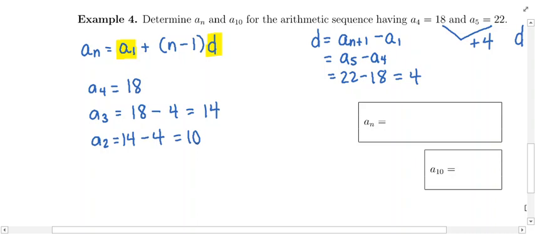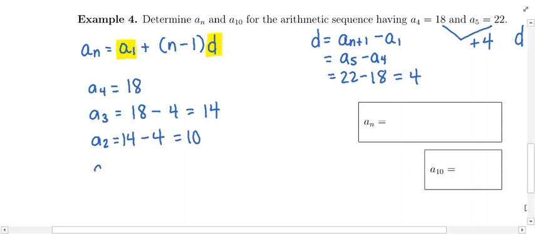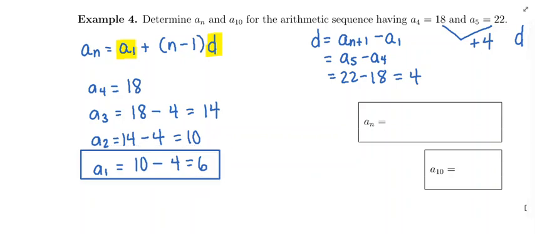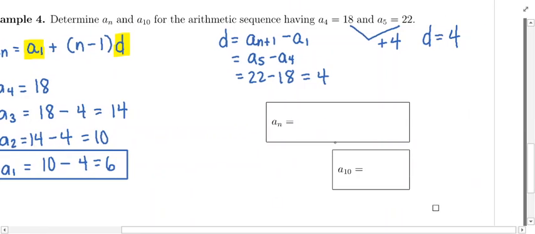If I'm looking at the first few terms in the sequence, those numbers should be smaller than 18. And then we can do one more subtraction to get a1. a1 is going to be a2, which is 10, minus 4, which is 6. So here is your a1 value. We need that. We need the d value, and we have that over here.